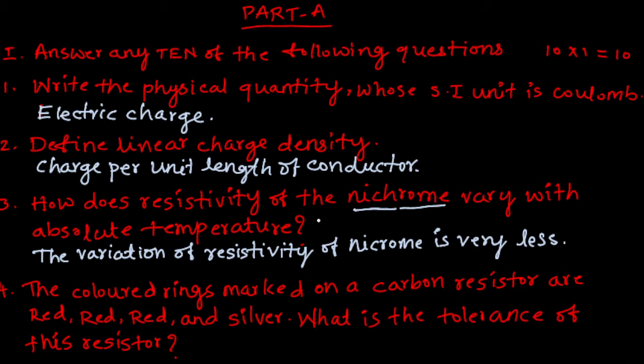With increase in temperature, resistivity increases. Resistivity of metals also increases, and resistivity of alloys also increases, but this increase will be small in case of alloys. That is why alloys are used in the construction of resistors, because their temperature dependence is less. So the variation of resistivity of nichrome is very less with temperature.